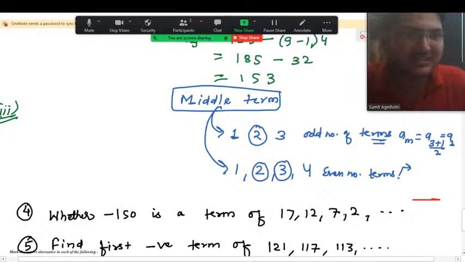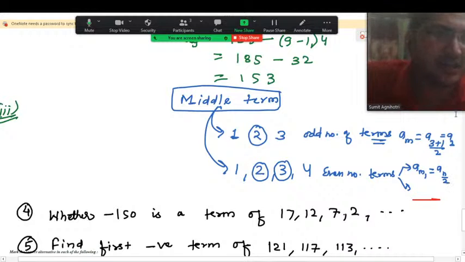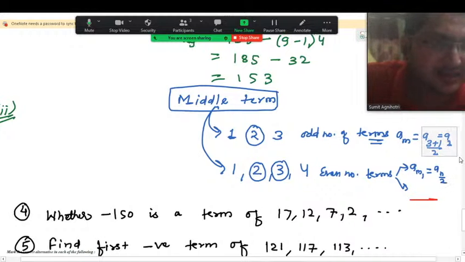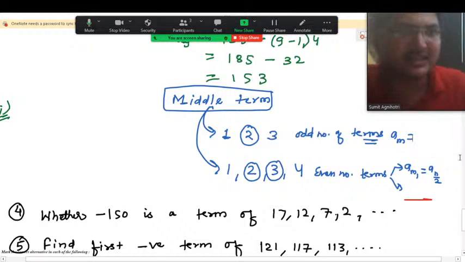What is the first middle value? We just consider n over 2. Here I'm just making it general. What I have done is I have just added 1 to my total number of terms and divided by 2.